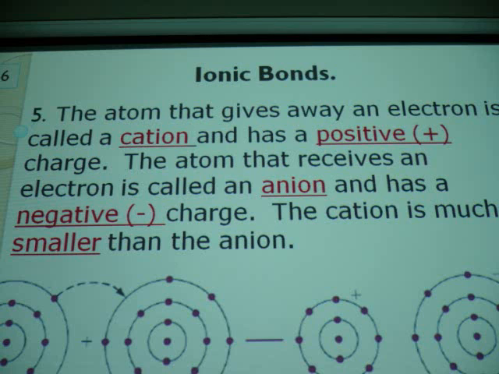But the thing about it is, he lost an electron he's born with. He now has 10 electrons and 11 protons. He's plus one over. This one picked up an electron he's supposed to have, and that's negative, therefore he's negative.